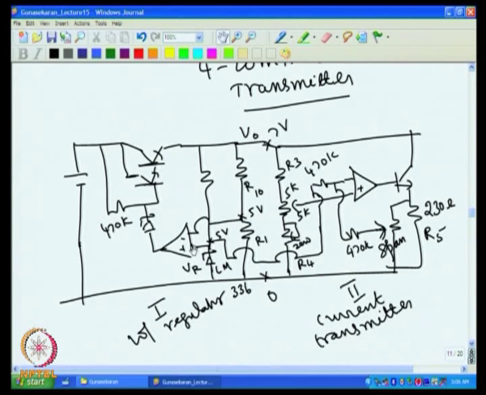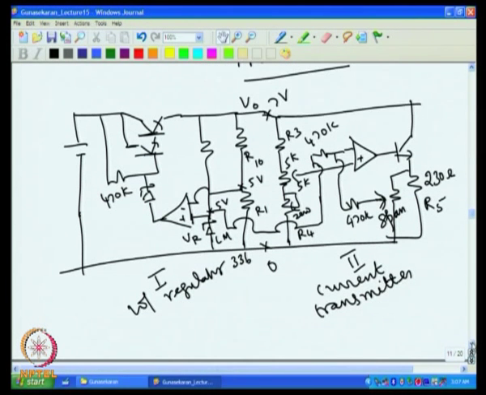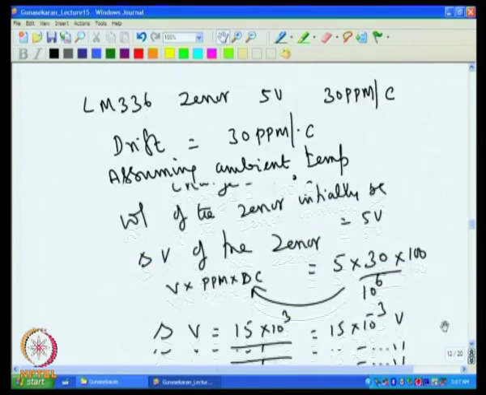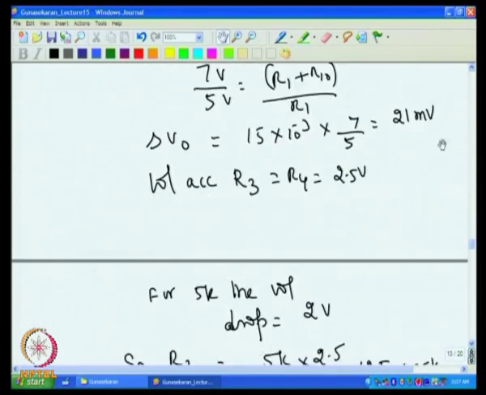So if I use for example a simple op amp like LM324, there is offset voltage drift of 15 microvolt per degree C. So if the offset voltage drift is to be considered, then I assume that the voltage change expected at this point is 15 microvolt per degree C. For 100 degree C, 1.5 millivolt change is expected here, then 1.5 millivolt change expected here. That will make 1.5 into the corresponding multiplication factor, around 4 millivolt change expected at the output. That will also make the current drift. So we can now calculate what is the error due to the offset voltage drift of the op amp that is present in the voltage regulator part of this circuit.